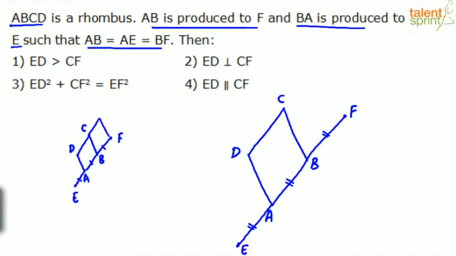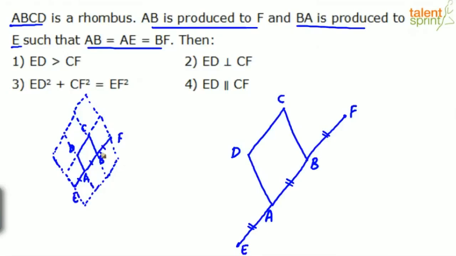Let me show it in a dotted line so that you understand. All this will form rhombus only. All those would be similar to the rhombus that we have got here.